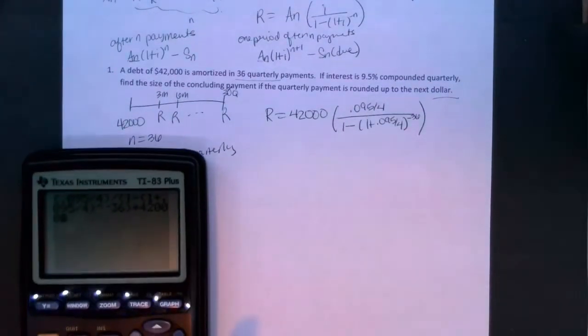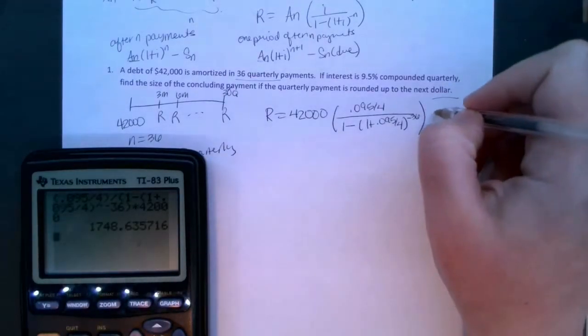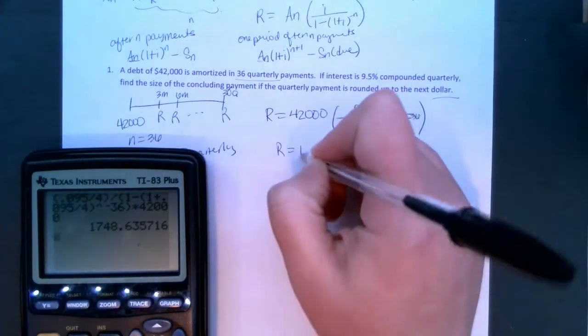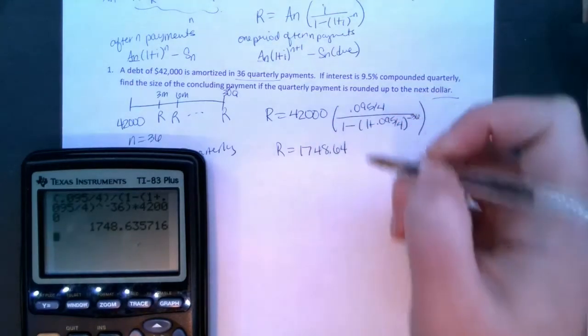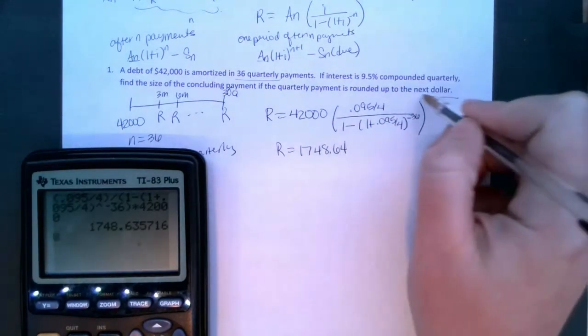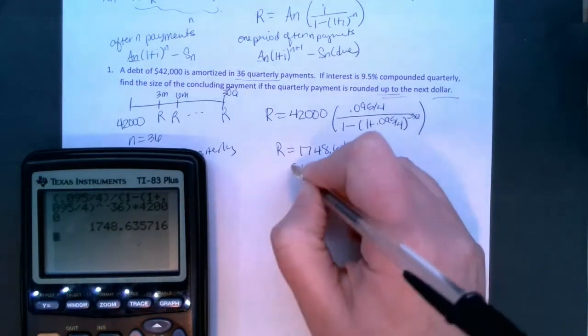I put it in my calculator like this. Because they're multiplied, it doesn't matter if you put the 42,000 at the back or the beginning. We get the same payment: $1,748.64, rounding to the nearest penny. But we're rounding up to the next dollar, so we're going to use $1,749.